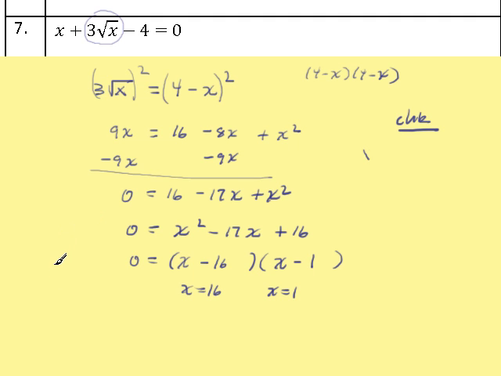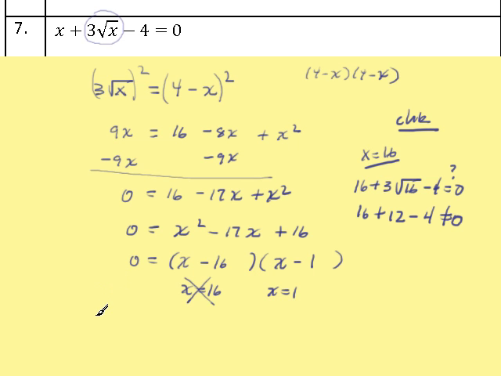So let's check x equals 16. Substitute into here: 16 plus 3 square root 16 minus 4, is that equal to 0? So that's 16 plus 3 times 4, 12. Minus 4, no, that's not 0. Okay, so x equals 16 is not a valid solution.